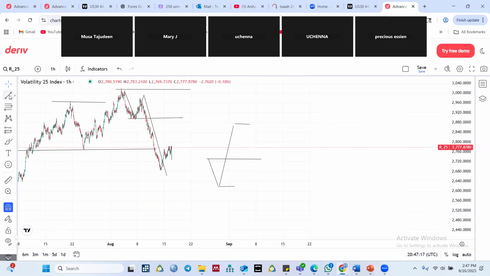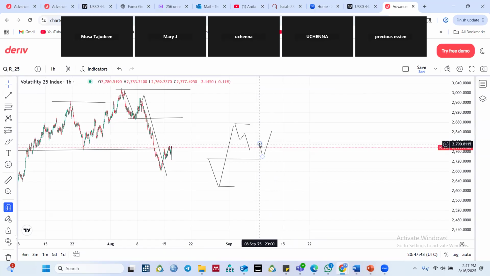And the move that is the substructure, the move that is to give us a pullback or a retracement for us to expect a new high, is called the corrective. So we got a corrective move up to this point, but it failed.